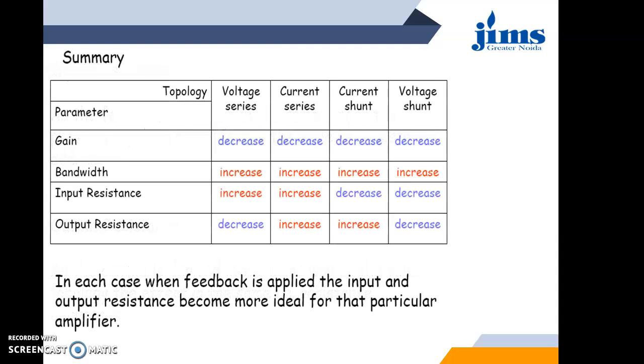Here is the summary of all four configurations offering different parameters, which are gain, bandwidth, input impedance and output impedance. If we consider the first two parameters, gain and bandwidth, they remain the same for all four configurations: the gain is decreased and bandwidth is increased.